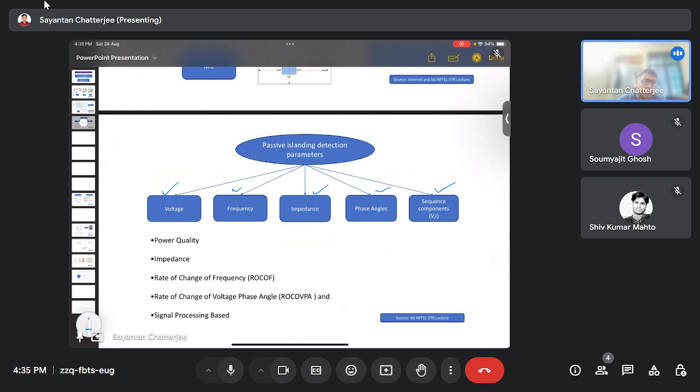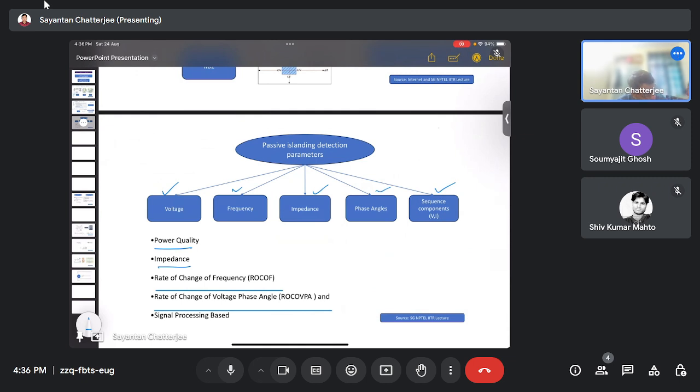Islanding detection needs to be done because of the criteria we have discussed. So for that we have to monitor the power quality, impedance, rate of change of frequency, rate of change of voltage and phase angle, and some signal processing based devices.